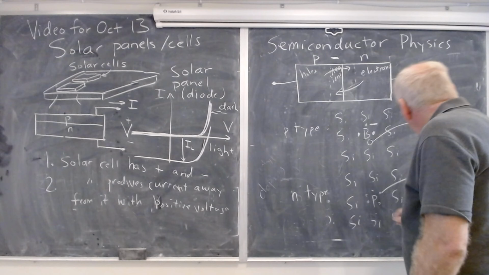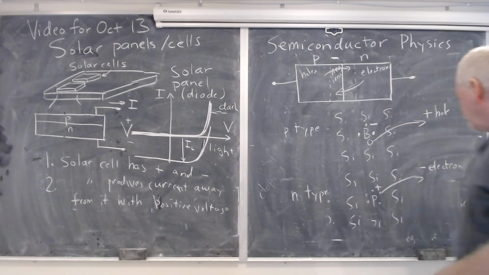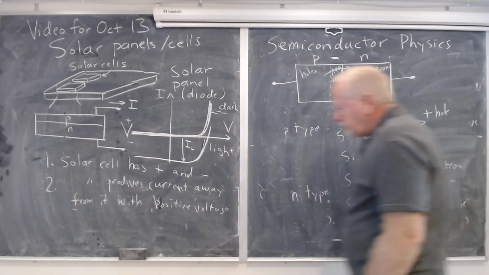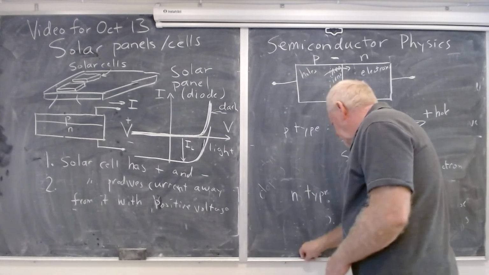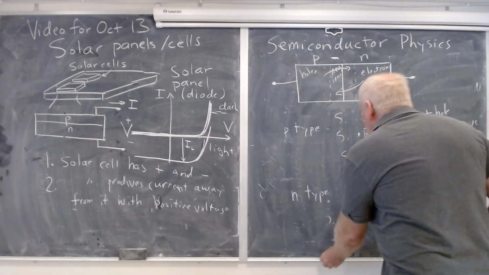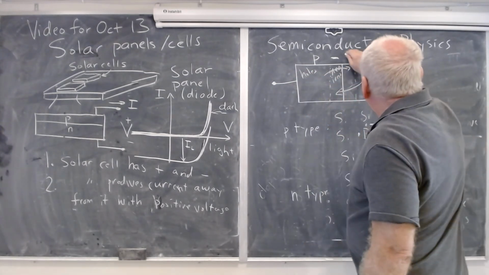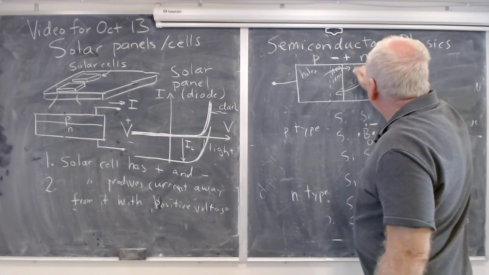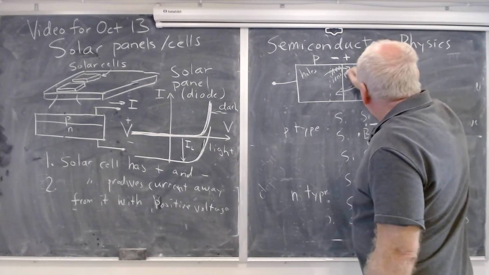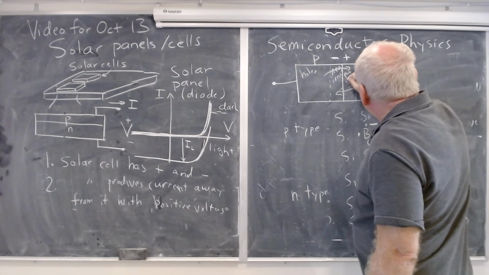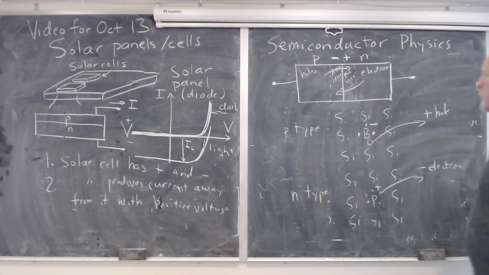It leaves behind a positively charged phosphorus atom. And so you develop a positive fixed charge over here of positive ions, those phosphorus atoms.